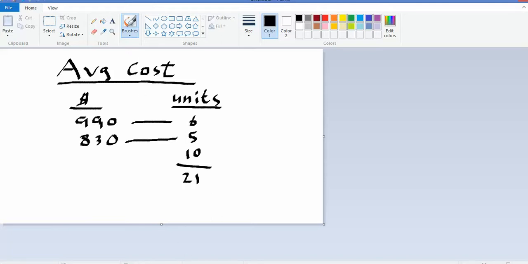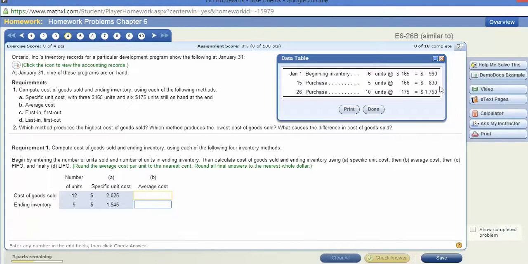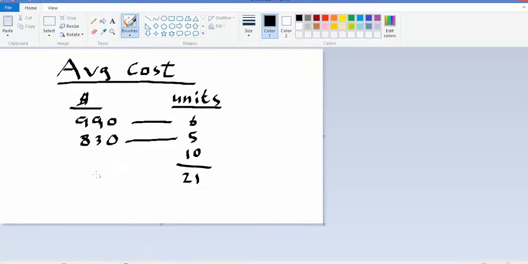And last but not least, 1750. That's tied to that. Now it's just a matter of adding these dollars available for sale, which is 990 plus 830 plus 1750, gives you a total of 3570.